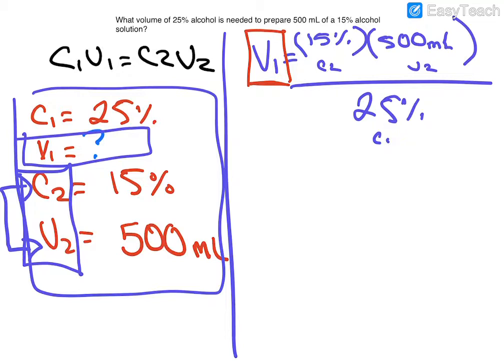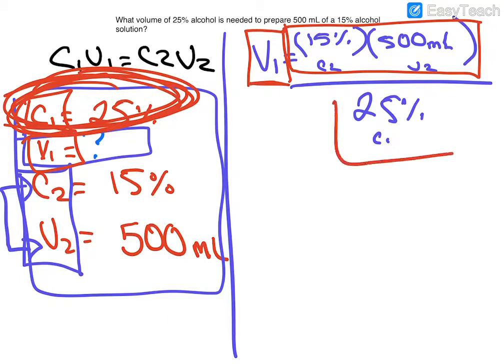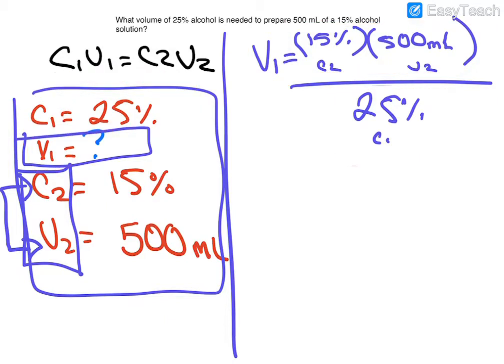And then since you have both your final concentration and final volume, that's what you'll be putting at the top of your equation. And your only lone soldier, because we don't have V1, we only have C1, goes at the bottom. Now that we have our formula set up nicely, you're going to put in your calculator 15 and ignore the fact that it's a percent, because if both of your concentrations are in percent, you can just forget that this symbol is even here.